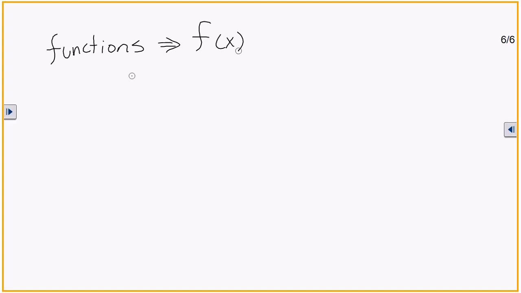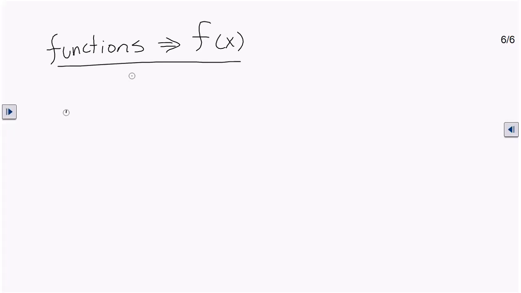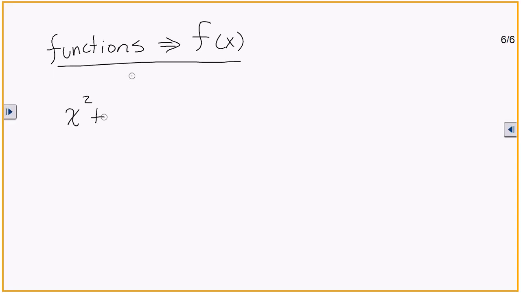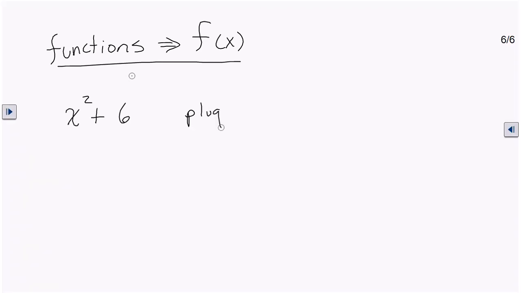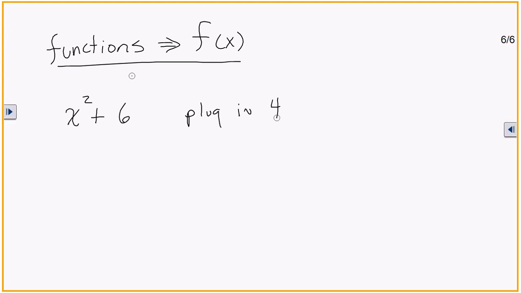Let me give you an example. In other words, if I give you an equation that says x squared plus 6, and I tell you that I want you to plug in 4. Well, at that point, when I give you this right here, I'm turning this expression into a function.